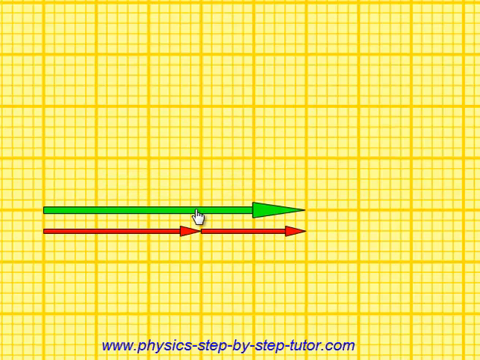You can still see the resultant still remains the same. So F2 plus F1 is equal to F1 plus F2. So it does not matter which force you start with. You can start with any one of them.